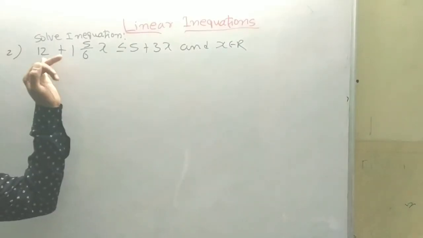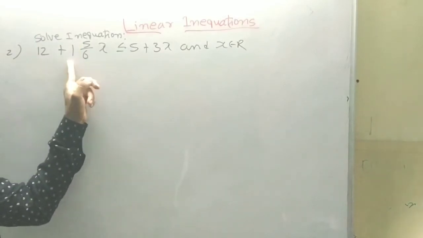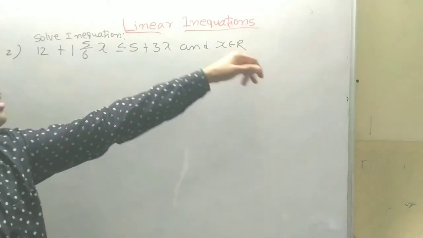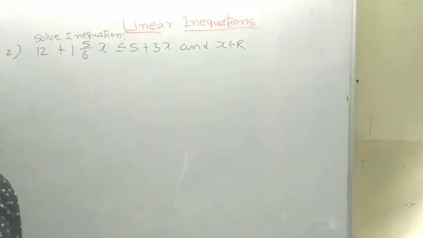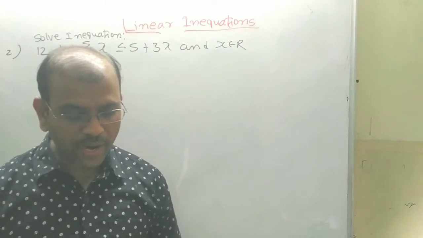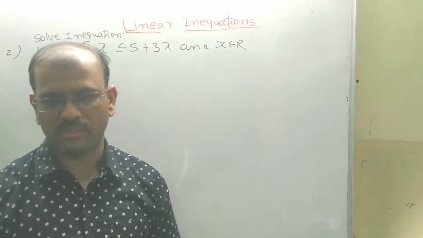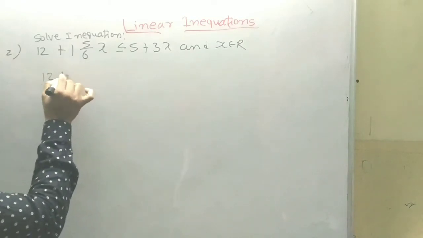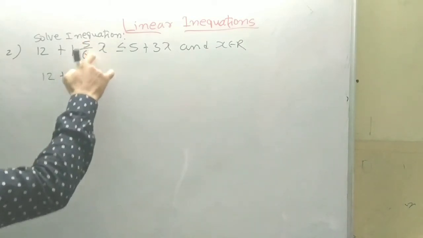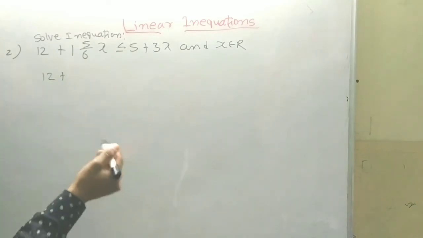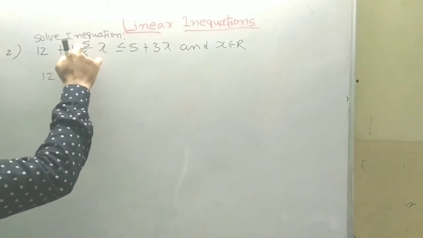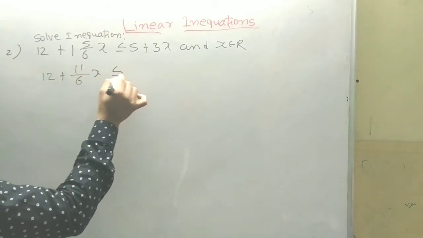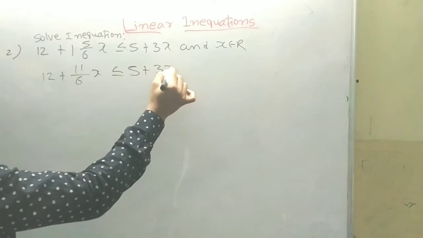Next question. Solve the inequation 12 plus 1 5/6 x less than or equal to 5 plus 3x, where x belongs to R. Now when x belongs to R, what is the solution? I am writing 12 as is, and writing this mixed fraction as an improper fraction: 6 ones are 6, 6 plus 5, you will get 11/6 x less than or equal to 5 plus 3x.